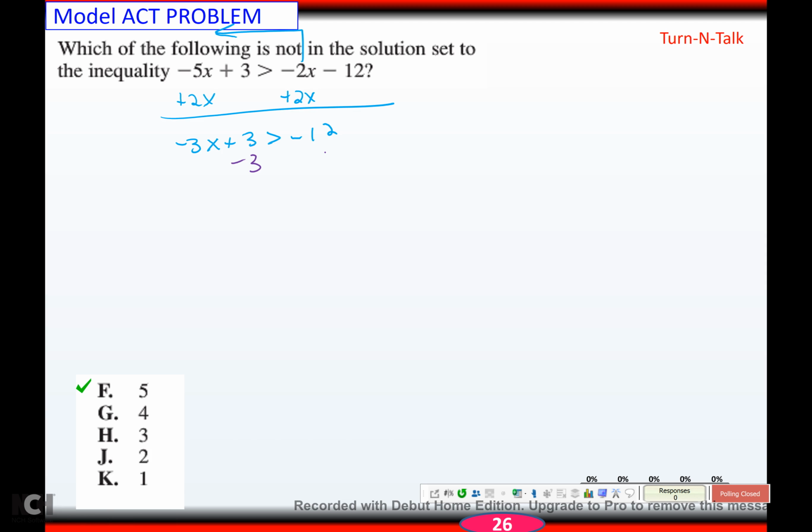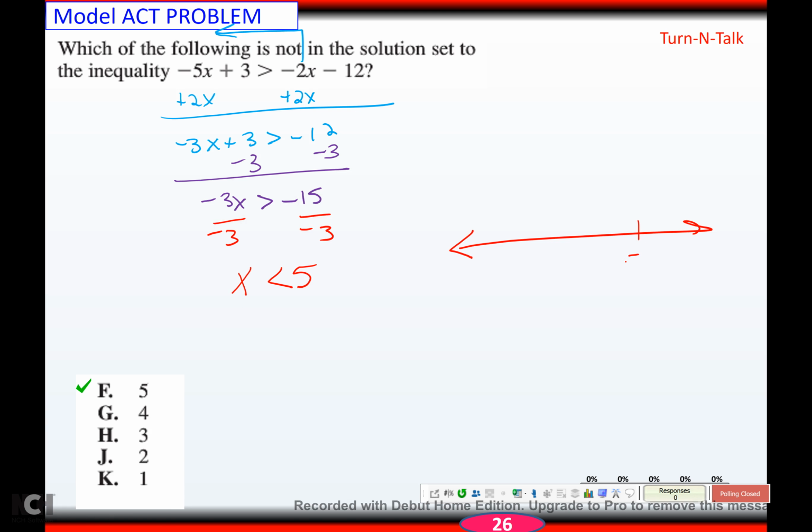Then I'm going to minus 3, so negative 3x greater than negative 15. Then I'm going to divide by negative 3, which is going to flip my inequality and give me x is less than 5. What that means is I cannot include 5, but anything smaller is included.